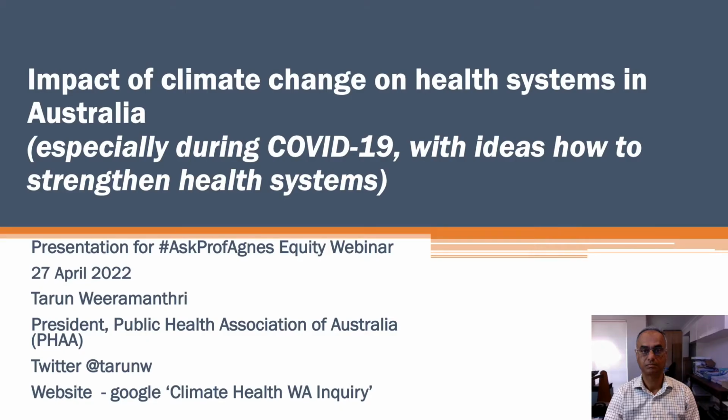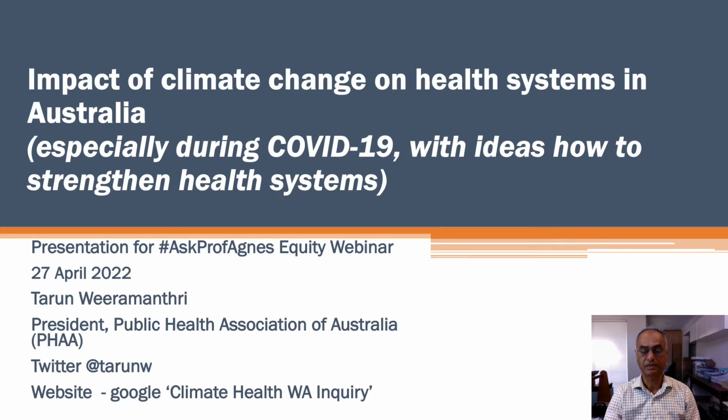Thank you for the invitation to speak today. My name is Tarun Wiramanthri, and I'm president of PHAA, the Public Health Association of Australia. I'm based in Perth, Western Australia, and would like to begin by acknowledging the Whadjuk Noongar people, the Aboriginal traditional owners, paying my respects to their elders, past and present, and thanking them for their stewardship of this land for 60,000 years.